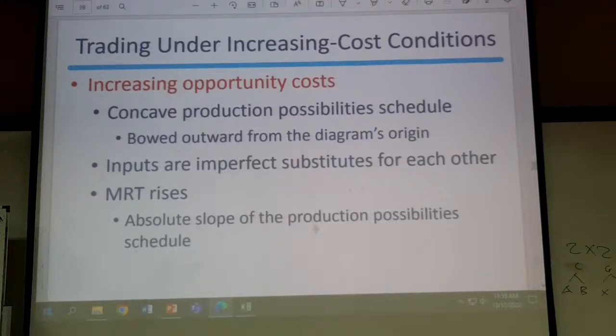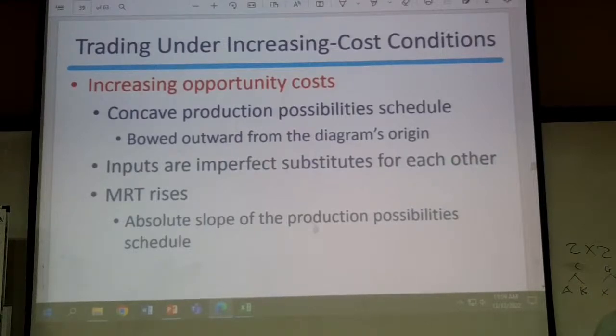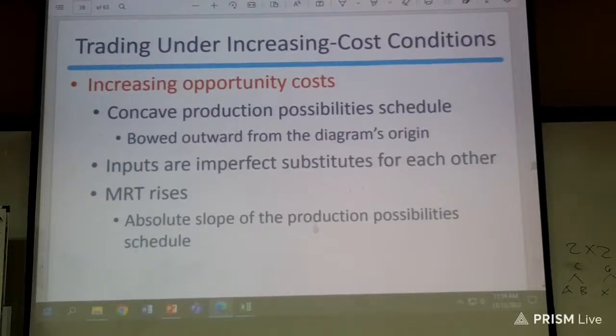MRT rises. Why? Because what is MRT? Tangent line. What do I call a tangent line? A tangent line is a kissing line. Kissing there.